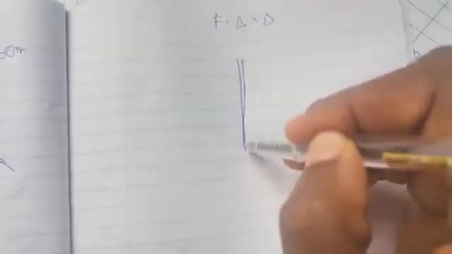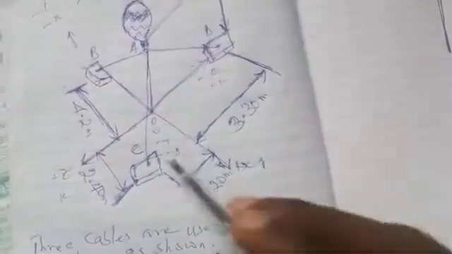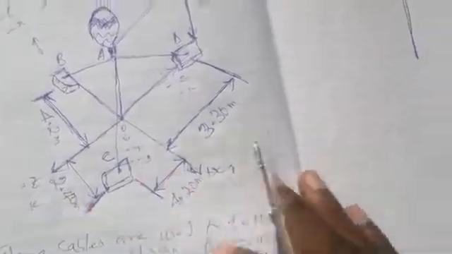So, free body diagram. We have the vertical line, which we introduce here. Then we have the Z direction, something like this.